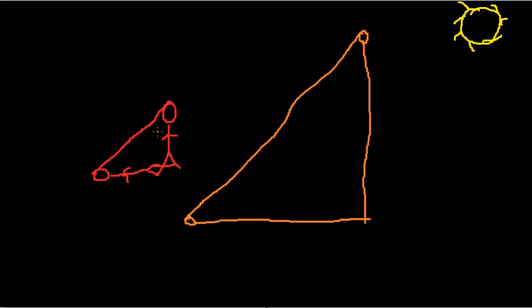So if you have a tape measure and you know the length of your shadow and your height, say you are 6 feet tall and your shadow is measuring 8 feet, and you know the length of the shadow of the flagpole, say 20 feet, then you can calculate the height of the flagpole.